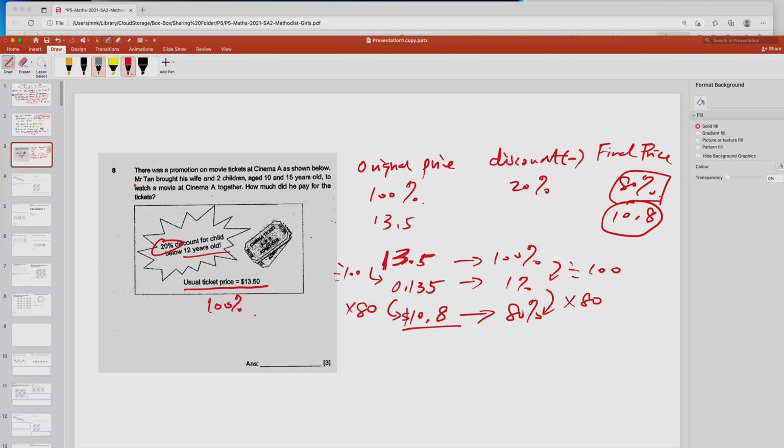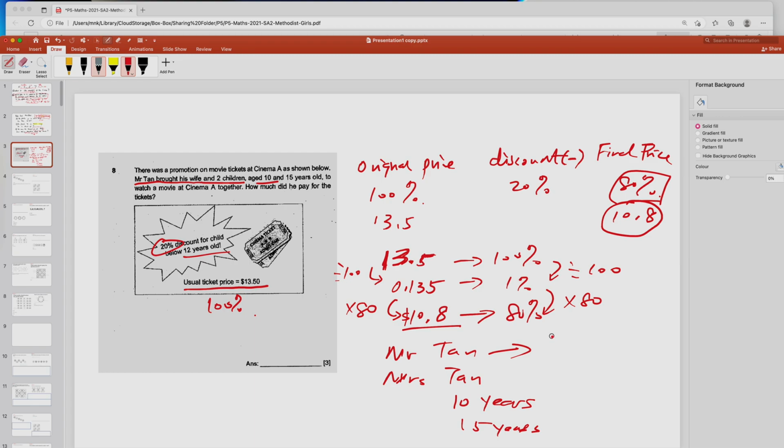The question says Mr. Tan bought tickets for his wife and 2 children. So Mr. Tan and Mrs. Tan and 2 children, one is 10 years old, one is 15 years old. So you just ask yourself, how much did Mr. Tan pay for each ticket, 13.5 or 10.8?